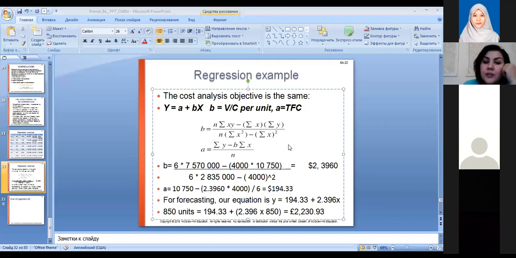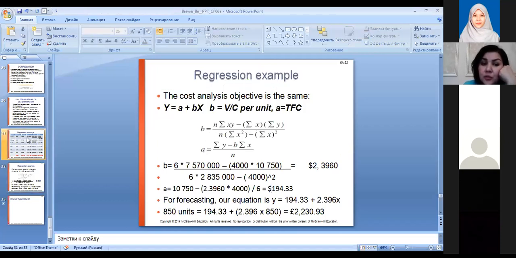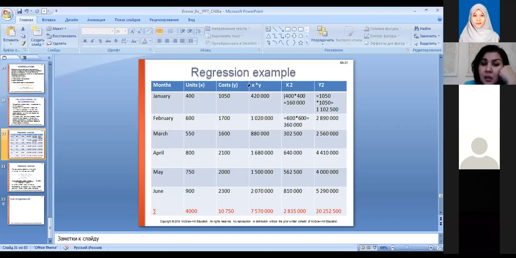Okay, so as you see, using this regression analysis, this formula has been derived by mathematicians. We don't need to calculate it ourselves. B has been done and A has been done. We just need to replace. What we need to do for regression analysis is make up this table.